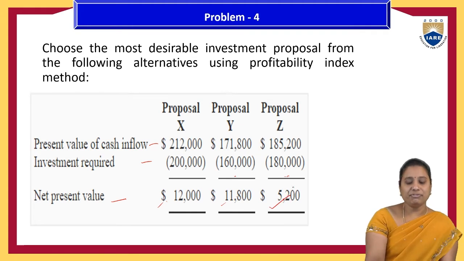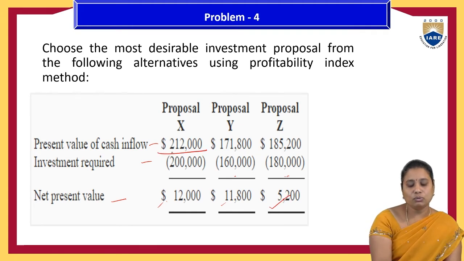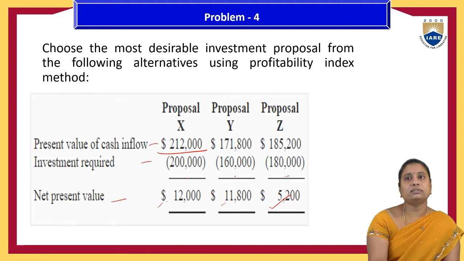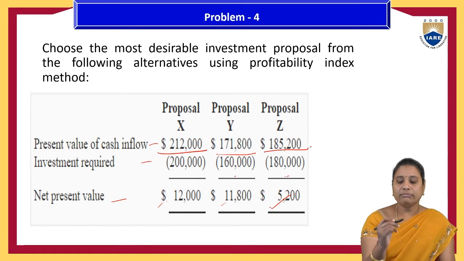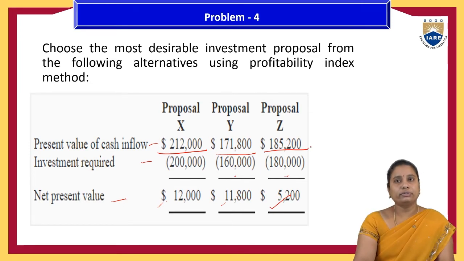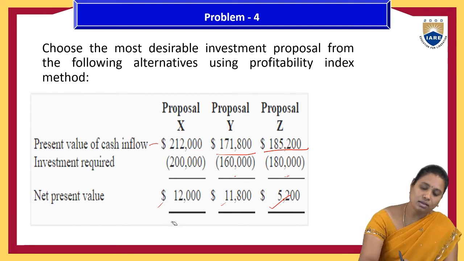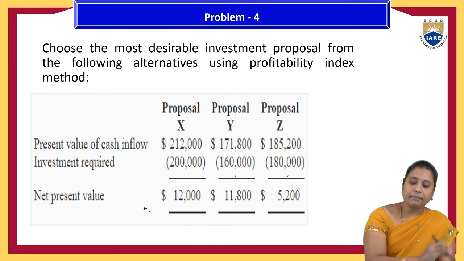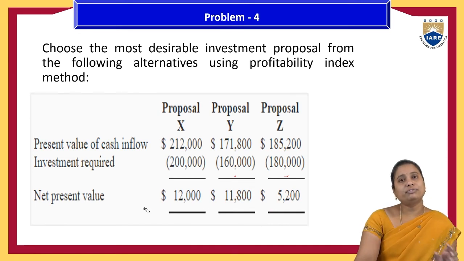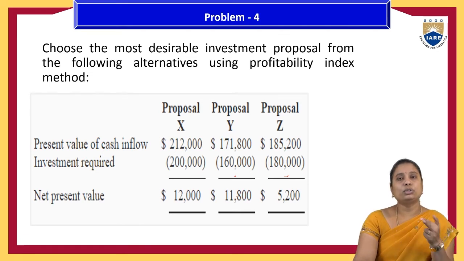But if we divide, that is 2,12,000 divided by 2 lakhs, 1,71,800 divided by 1,60,000, 1,85,200 divided by 1,80,000, then it will be called the profitability index. Both are more or less the same. But NPV gives the remaining cash inflows out of the cash outflows, whereas the percentage of cash inflows to outflows can be easily known from the profitability index.